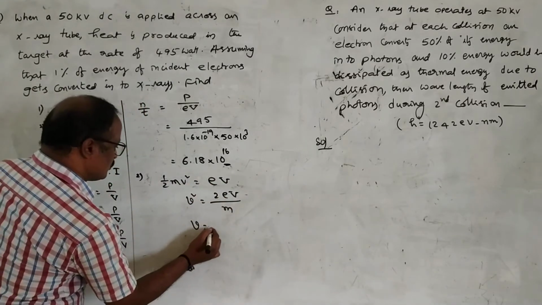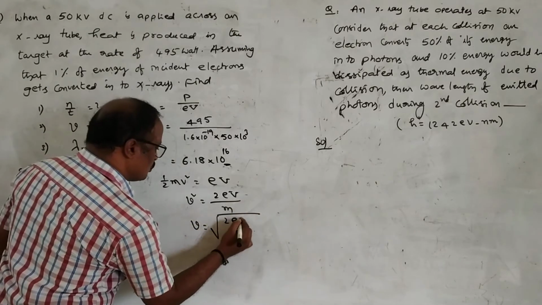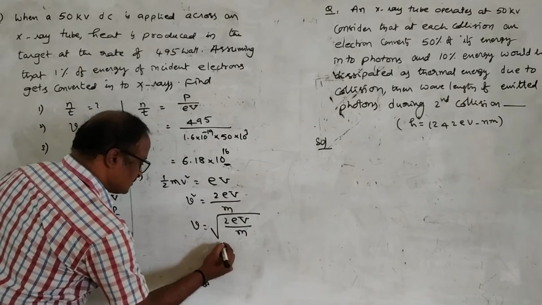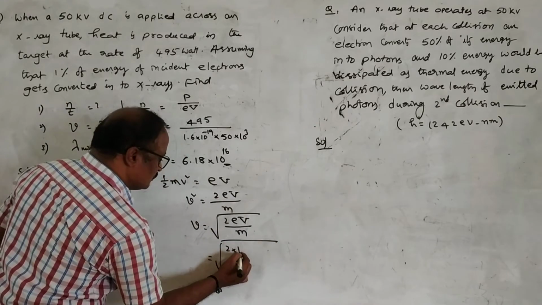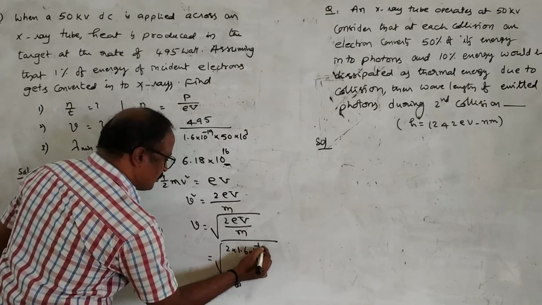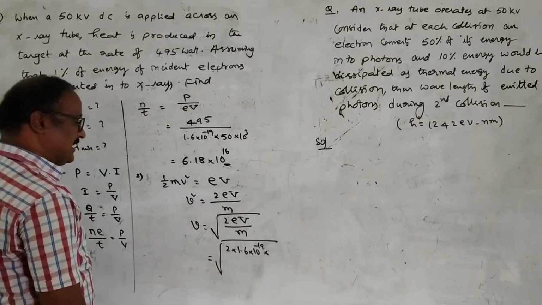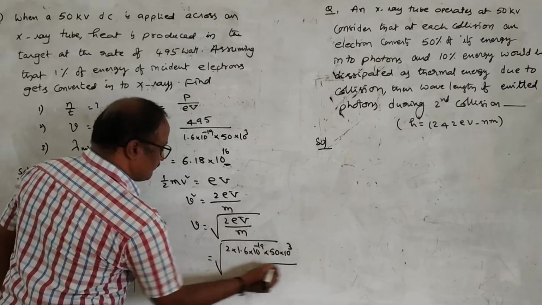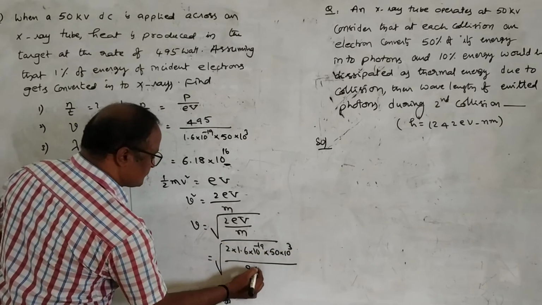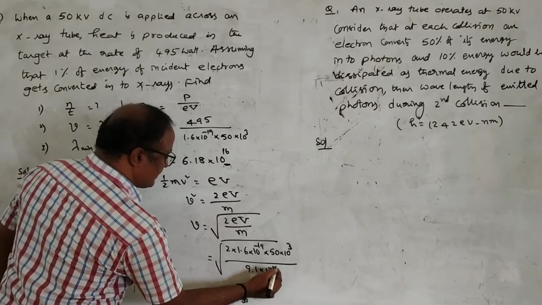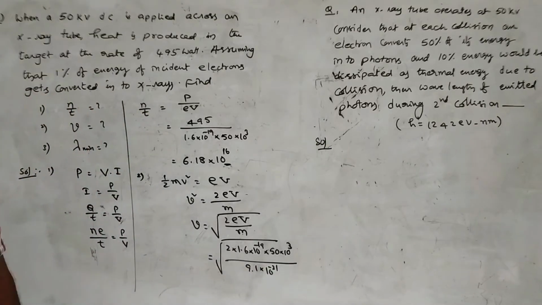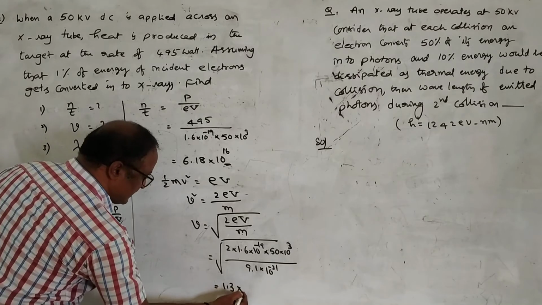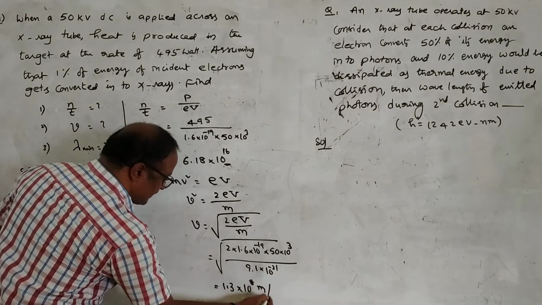Therefore, v is equal to root of 2eV by m, which is root of 2 into 1.6 into 10 power minus 19 into the potential difference 50 into 10 cube, by the mass of the electron, 9.1 into 10 power minus 31 kilograms. After solving this, we get nearly 1.3 into 10 to the power 8 meters per second.